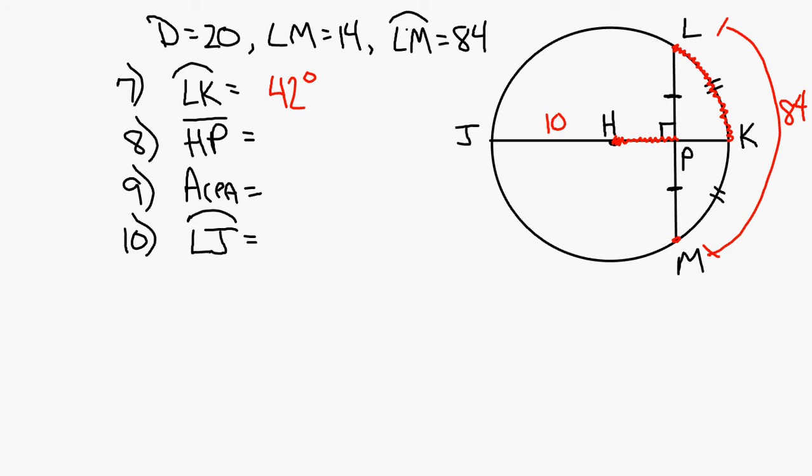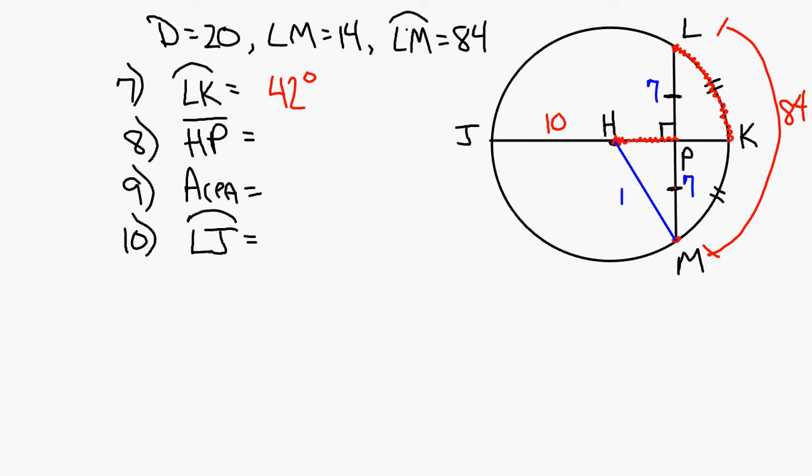So this top piece is 7, and this bottom piece is 7. And since you need H to P, you need to draw in a radius again. So you need to add a radius right here. And that radius is equal to 10. It's half your diameter.